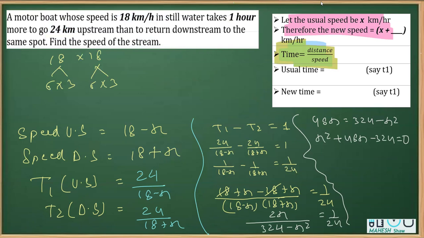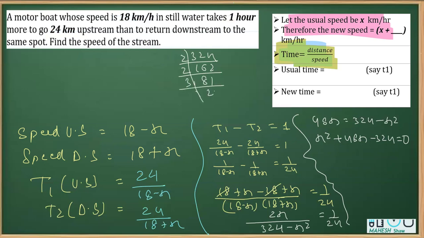Let's do it by the normal method of factorization. I'm factorizing 324: with 2, it is going to be 162. With 2 again, this is 81. With 3, it's 27. With 3, it is 9. With 3, it is 3, and 3 ones.